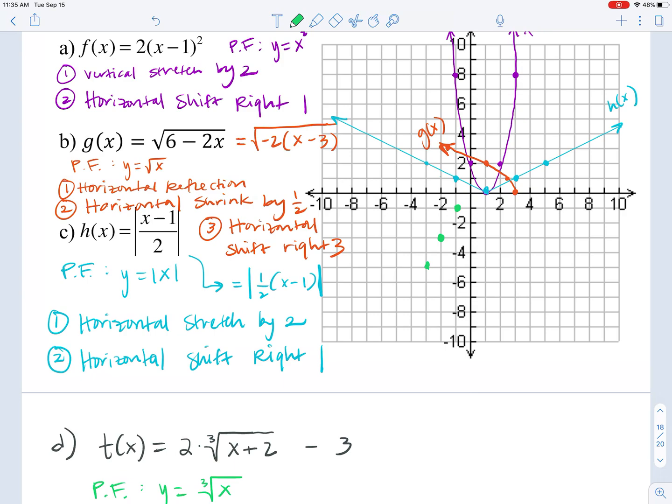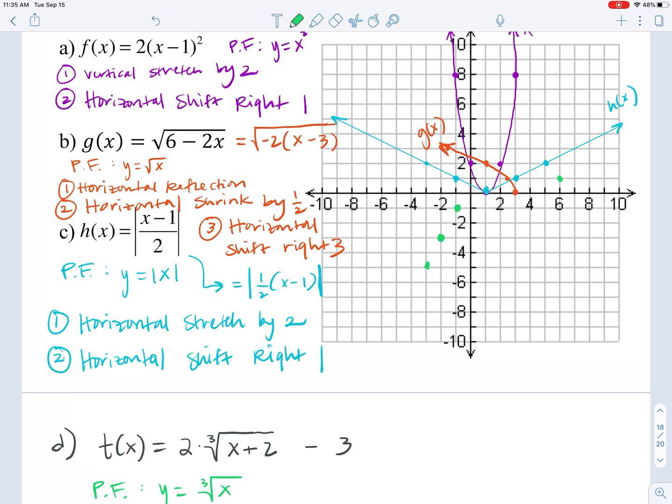How about the point that's at 8, 2 on the parent function? It would land me at 8, 4 for the vertical stretch. Left 2 lands me at 6, 4. And then down 3 would land me at 6, 1.